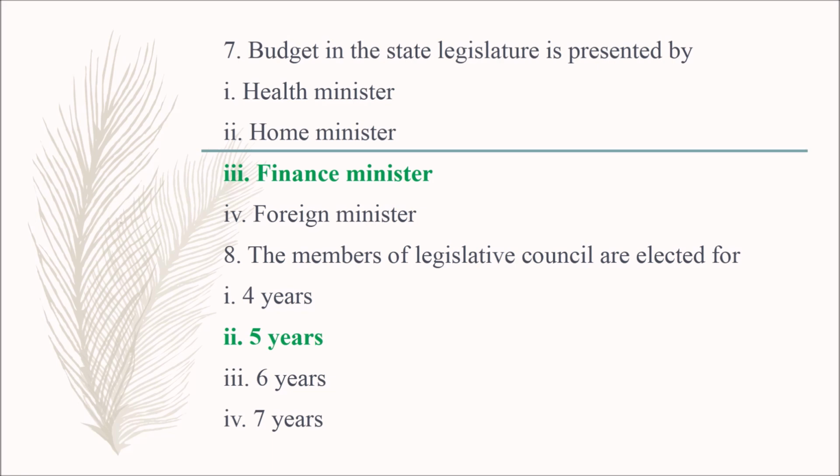So the correct answer is option 3 Finance Minister. Question number 8. The members of Legislative Council are elected for option 1 4 years, option 2 5 years, option 3 6 years, option 4 7 years. So the correct answer is option 2 5 years.